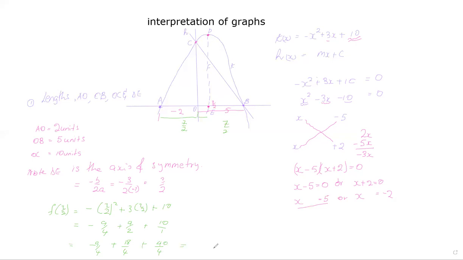Common denominator, we all write 1. We shall 40 plus 18 is 58. So minus 9 plus 58, the answer will be 49 over 4. Therefore, DE is equal to 49 over 4 units.